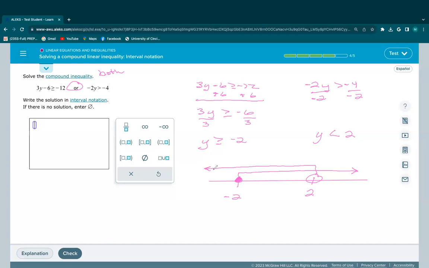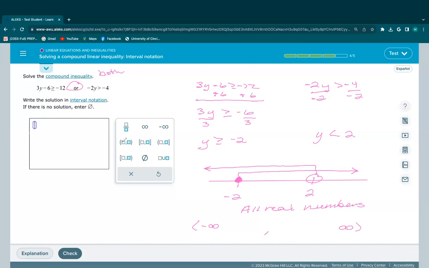In this case, y is less than 2 keeps going to negative infinity. The y is greater than negative 2 keeps going to positive infinity. So this is all real numbers. And I think in ALEKS, it's going to go from negative infinity, because it didn't give me an all real numbers as a choice, to infinity with a comma in it.